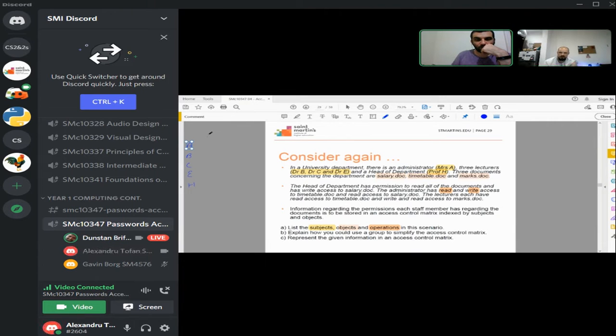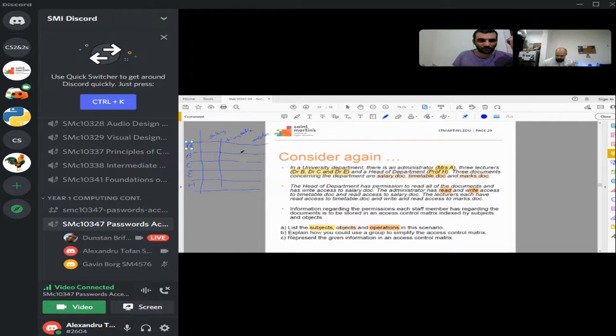We would have the three objects: salary, timetable, and marks. These are our three objects.